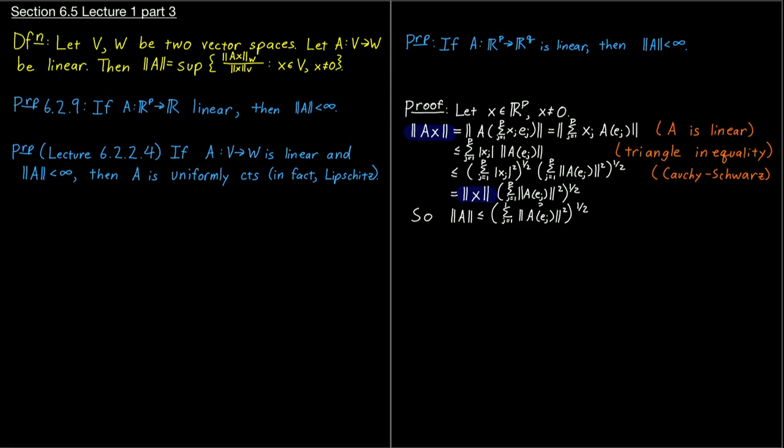And because that's the sum of finitely many numbers, p numbers, and they don't depend on X, this is indeed finite. So the norm of A is finite, and in particular, A is uniformly continuous. In fact, Lipschitz by our proposition.